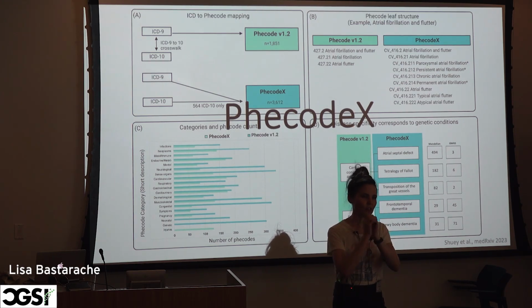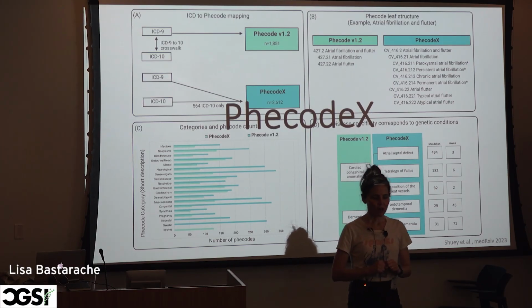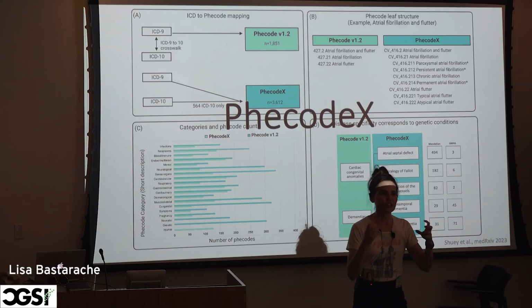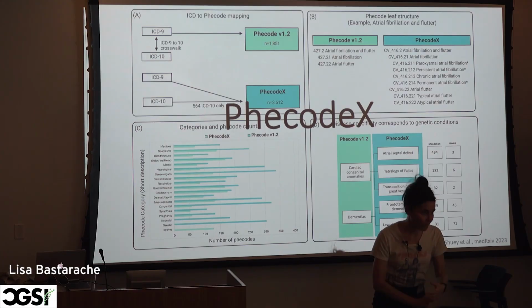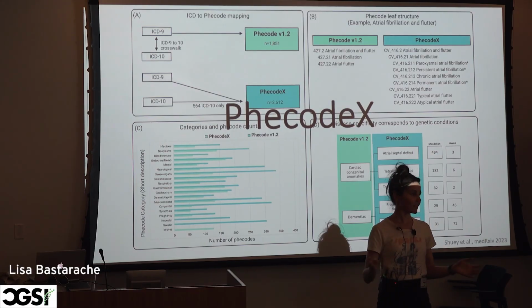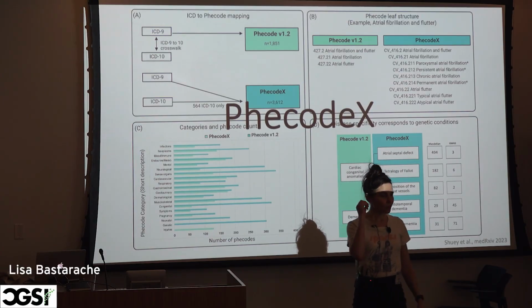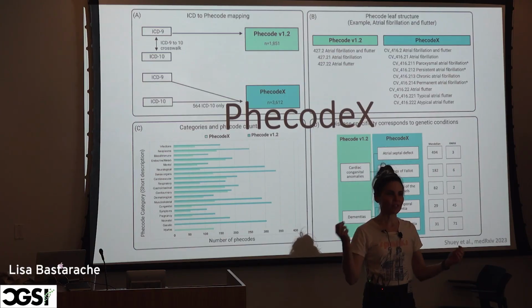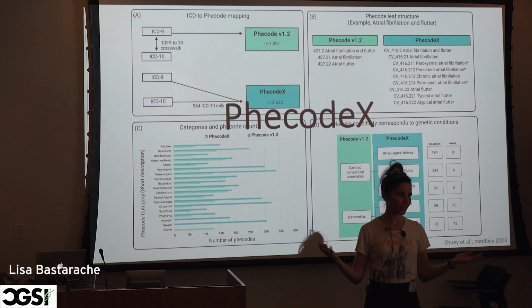And at the time, that was common complex disease that was found in adults: Crohn's disease, rheumatoid arthritis, lupus, etc. But there is more information that is available in ICD codes than just those common complex diseases. There are a lot of congenital anomalies. There are a lot of infectious diseases. There are a lot of complications of pregnancy that didn't at the time and still don't have very good representation in the GWAS catalog. But those phenotypes are really important if you're going to be studying, let's say, perinatal outcomes, which we're interested in, or monogenic conditions.